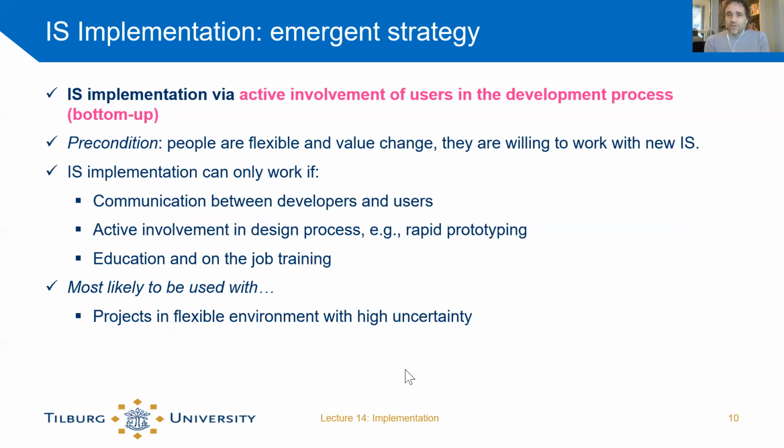The second implementation strategy is quite similar. It also stems from an idea that the people in your organization are rational beings. But here the implementation strategy is more bottom-up. So here you convince people of adopting a new innovation because you actively involve them in the development process. So this is kind of linked to agile development.